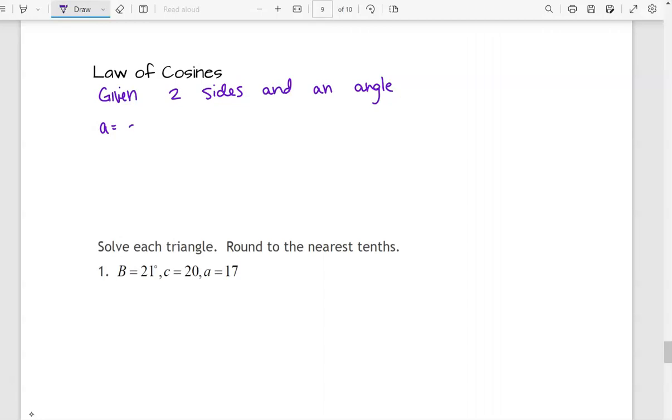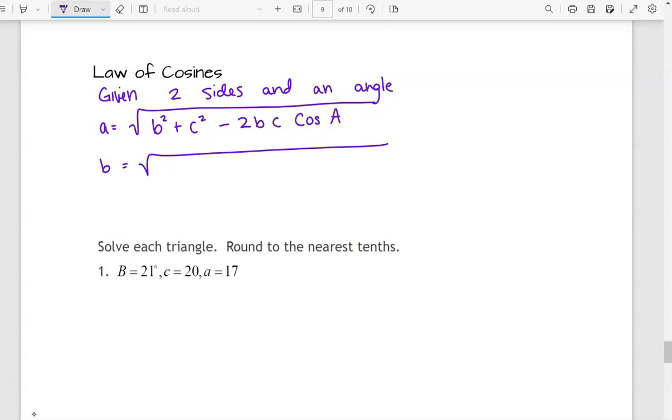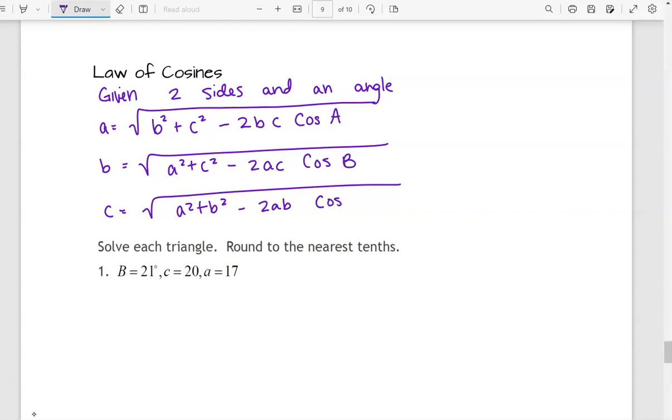Then A is going to equal the square root of b squared plus c squared minus 2bc cosine A. And then little b, square root of a squared plus c squared minus 2 times a times c cosine of B. And then little c, square root of a squared plus b squared minus 2 times a times b cosine of capital C.